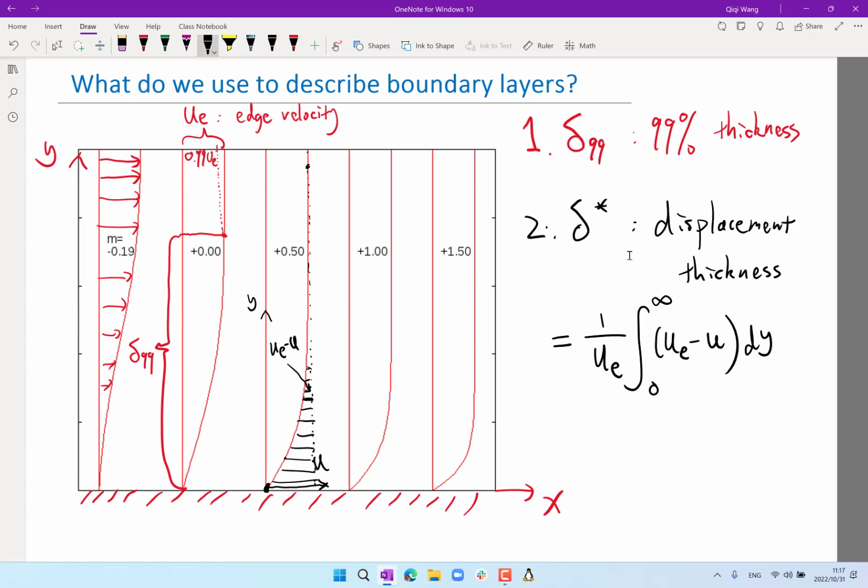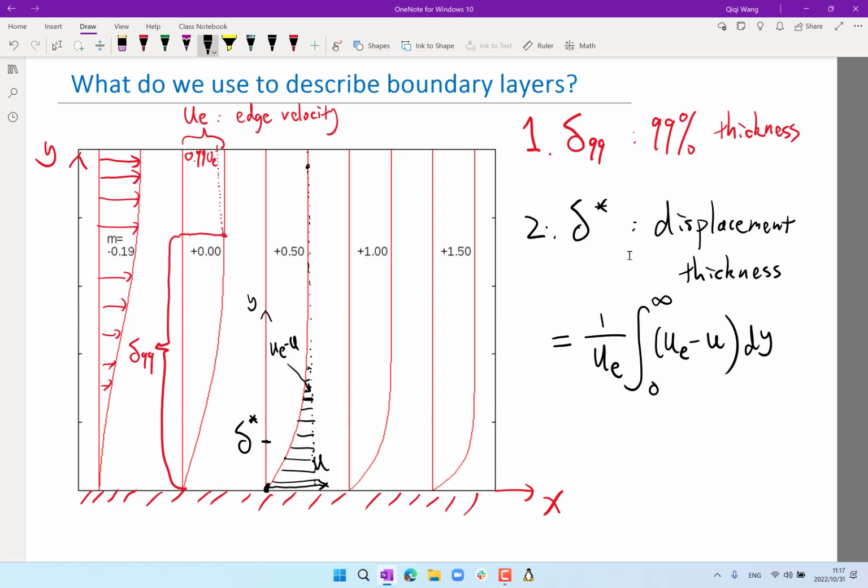Delta star can be thought of as the center of mass of this shaded region. We can look at the shape of the shaded region and estimate its center of mass. It's basically an average of the y-coordinate weighted by how much gap is between ue and u. So we can estimate, for example, maybe delta star is roughly over here.